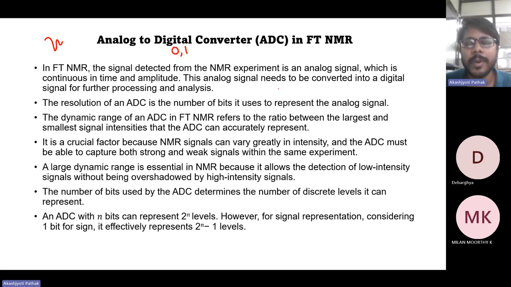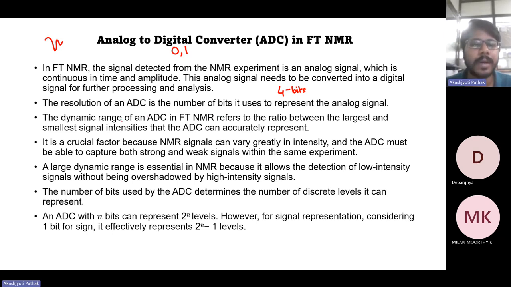Okay, so number of bits means whether it is 4-bit or 8-bit or 16-bit. So that will decide what the resolution will be. The dynamic range of an analog to digital converter in FT-NMR refers to the ratio between the largest and smallest signal intensities that the ADC can accurately represent. So what is the largest intensity and what is the smallest signal intensity present in our spectra?